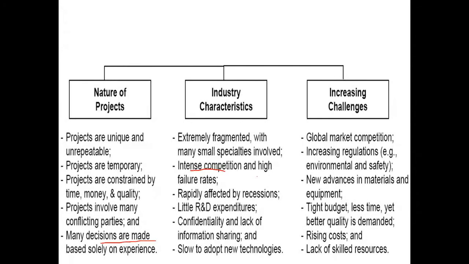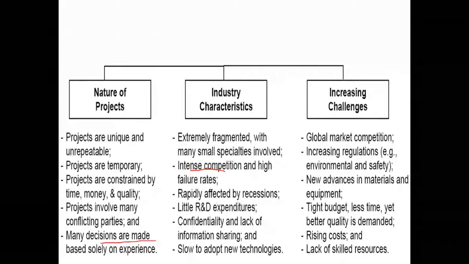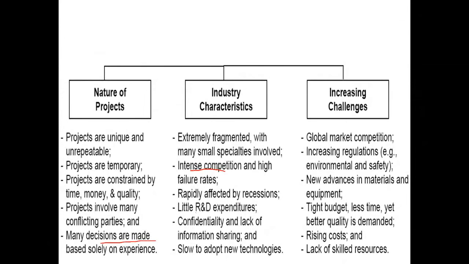And as a result, a lot of businesses go out of business very soon. Very tough environment, rapidly affected by recessions, little research and development expenditure. Construction is usually classed as a technology laggard industry. They're a bit slow in adopting new technology.